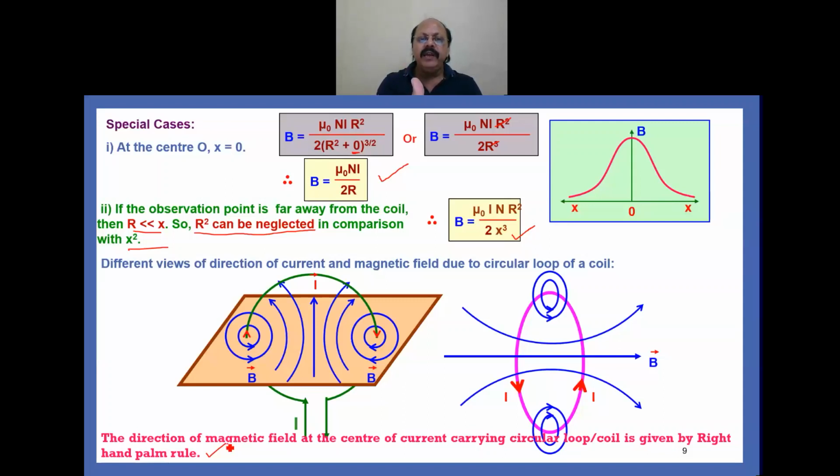So the magnetic field at the center is perpendicular to the plane, and for the other parts of the loop we apply the right hand thumb rule. You see that here the direction of the current is upward, so the magnetic field lines are anti-clockwise, and here the direction of current is downward, so the magnetic field lines are clockwise. So this is also another representation.